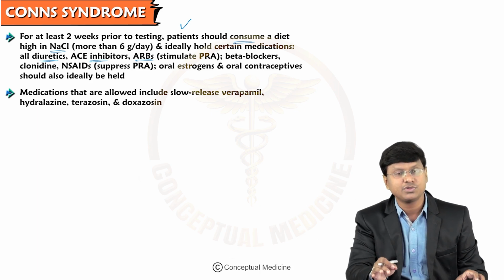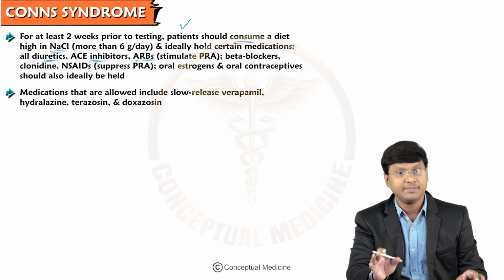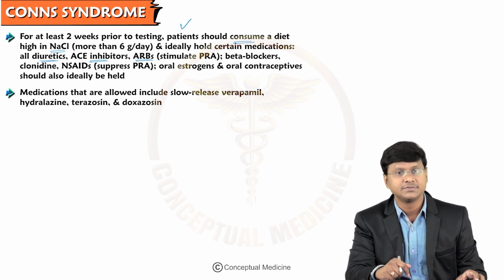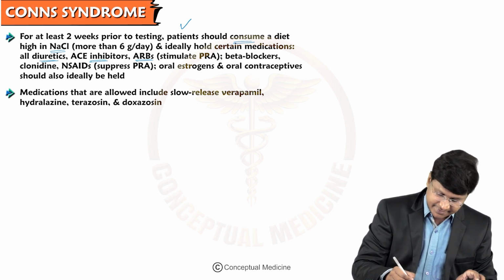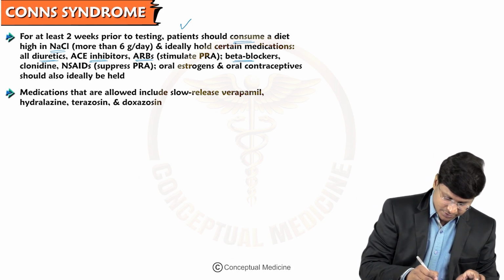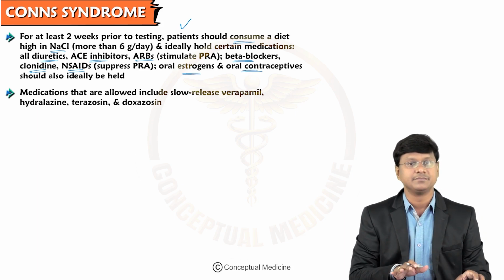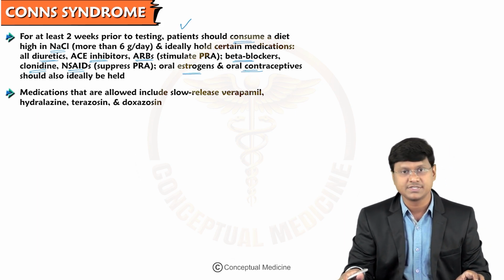Please remember, both of these drugs, they will inhibit the RAS mechanism, and that is the reason why they will affect the aldosterone levels. And at the same time, beta blockers, clonidine, NSAIDs, oral estrogen, oral contraceptives, all of them should be stopped because they can affect the aldosterone levels.